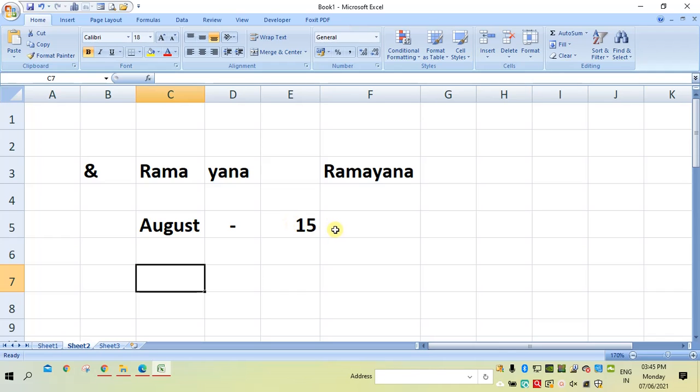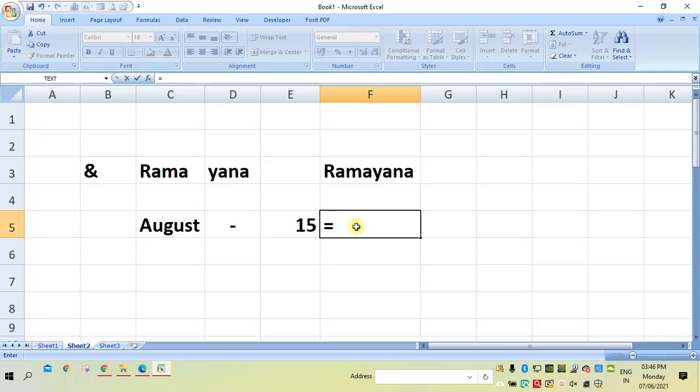So let us write. Equal to, then August is in C5, then write the ampersand symbol, then next is D5, that is the negative symbol in D5, next is ampersand, next is E5, where 15 is there.